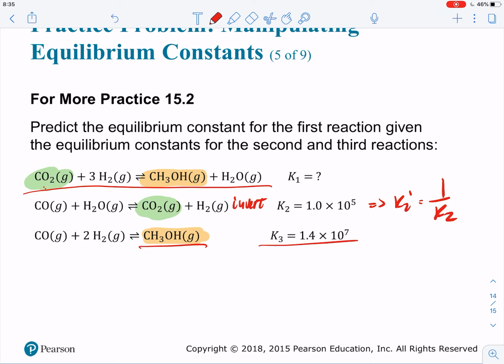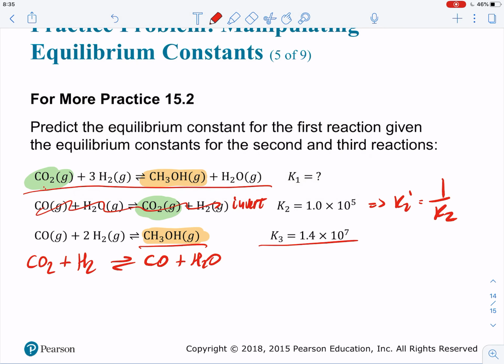And once you do that, let's invert that reaction just for the fun of it, right? So we have CO2 plus H2 that goes to CO plus H2O. Okay, so let's forget about this one for a moment.